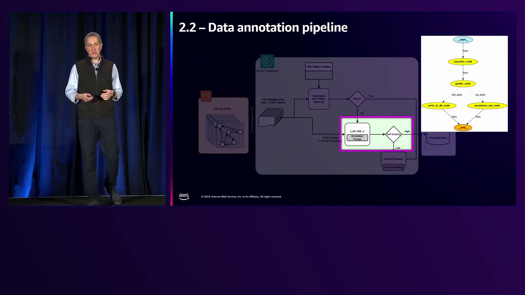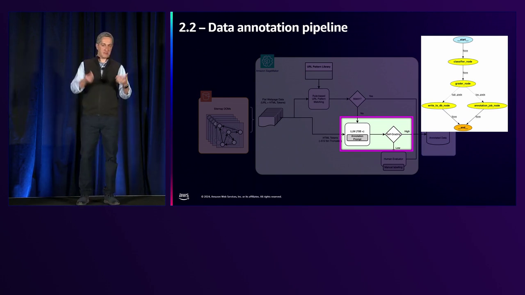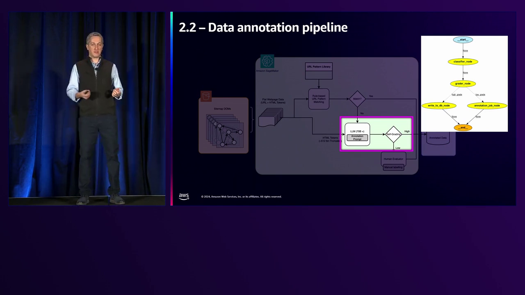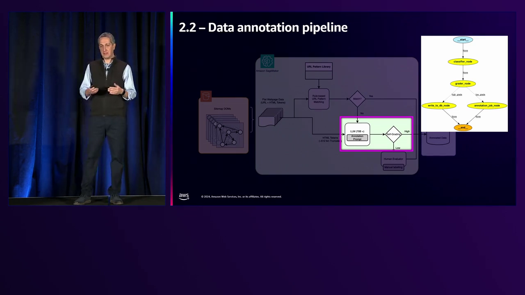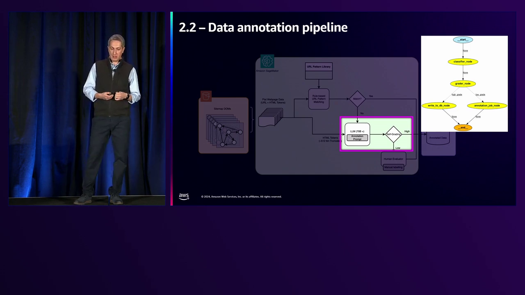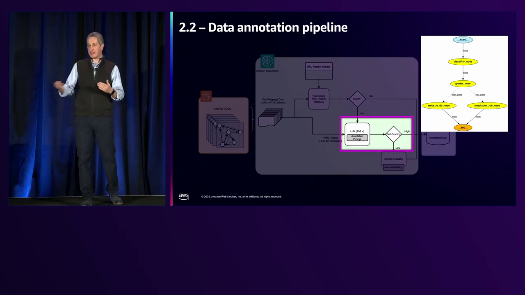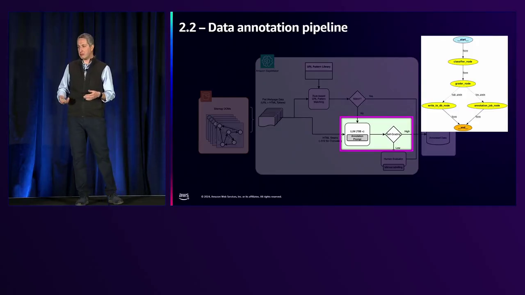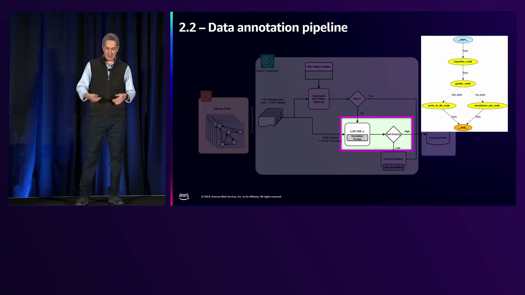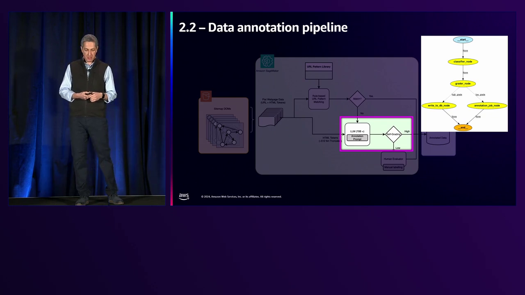The self-grader just sends another prompt and asks your large model how comfortable it is, or what the level of confidence is in the classification it does. If the answer is very confident, that can go directly to the training database. If not, we send it to the human annotation pipeline.